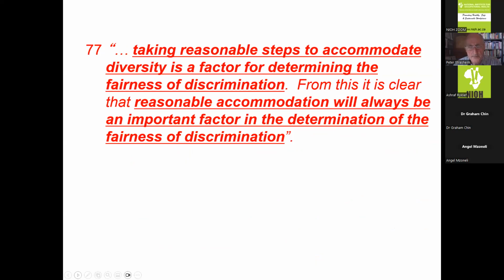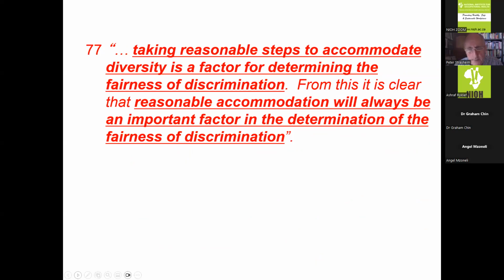Now, to re-emphasize the point that I just made, taking reasonable steps to accommodate diversity and, of course, disability is a factor for the determining of the fairness of discrimination. From this, it is clear that reasonable accommodation will always be an important factor in the determination of the fairness of discrimination.